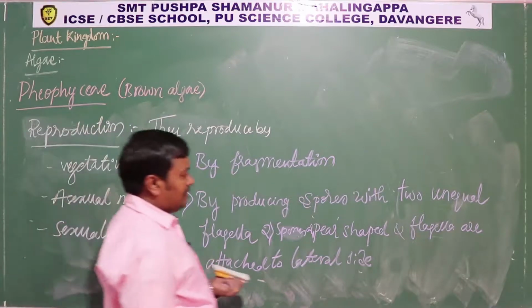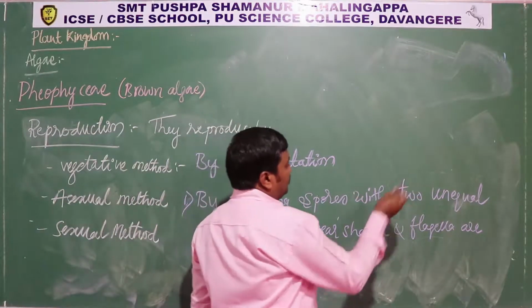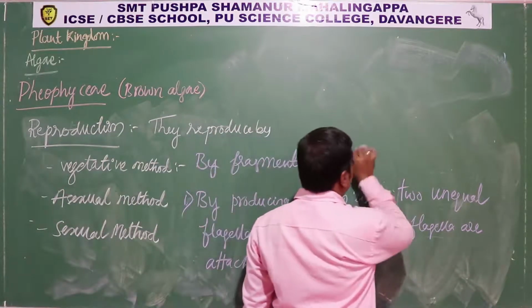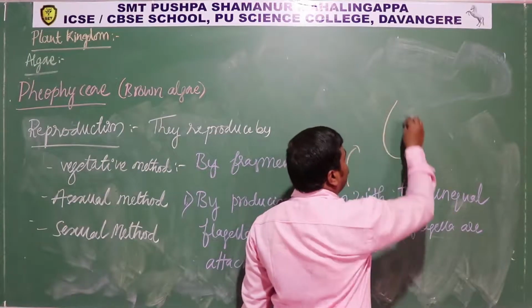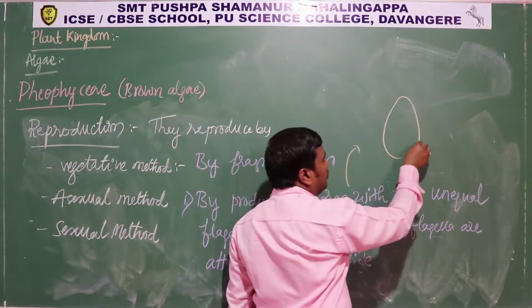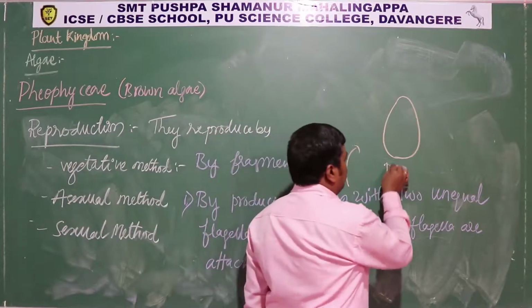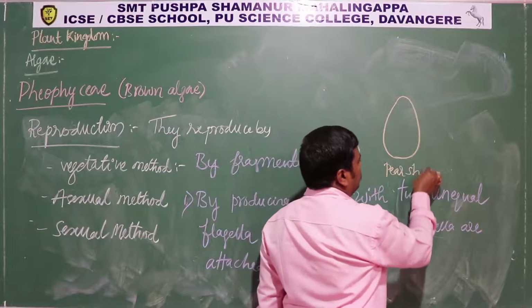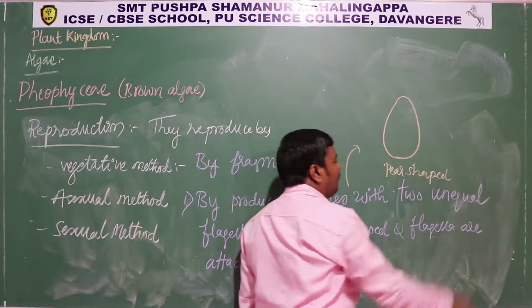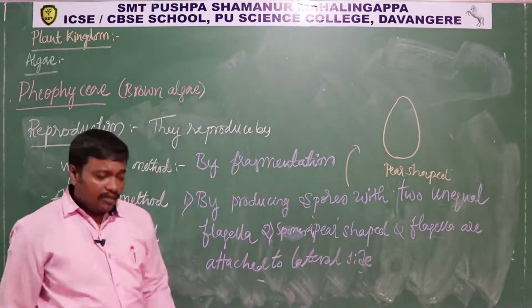So let me draw how it will look. These spores are almost pear-shaped. Two unequal flagella are attached to the lateral side.